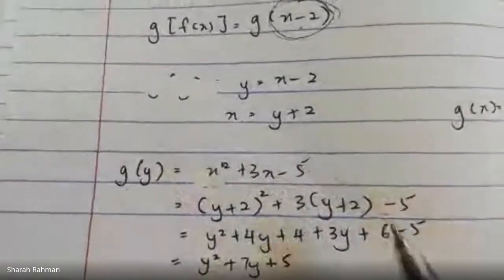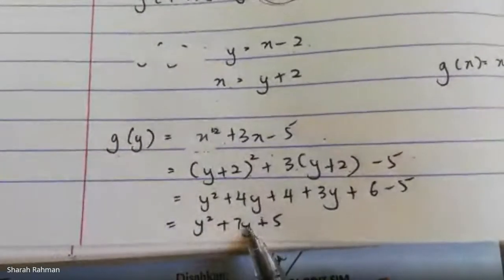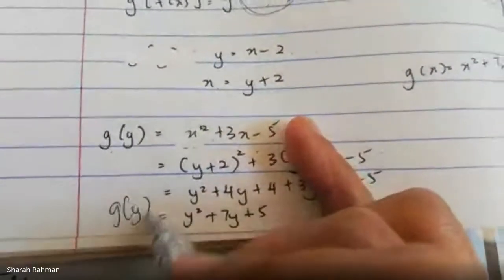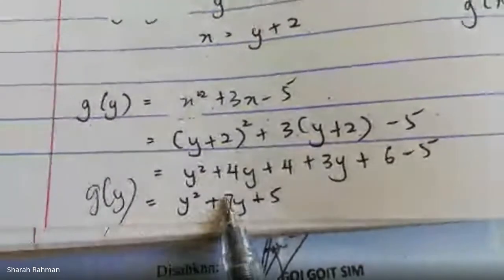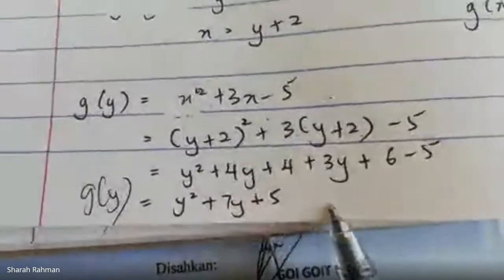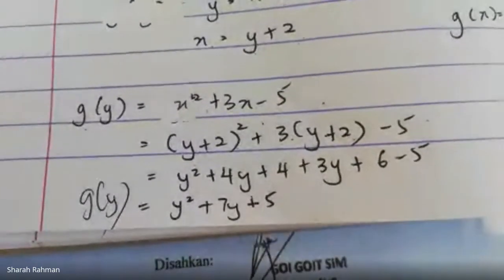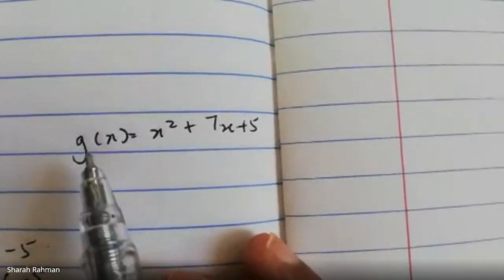Then we do the simplification. So we will get y squared plus 7y plus 5. This is g(y). So we want the value of x, so we will get g(x).